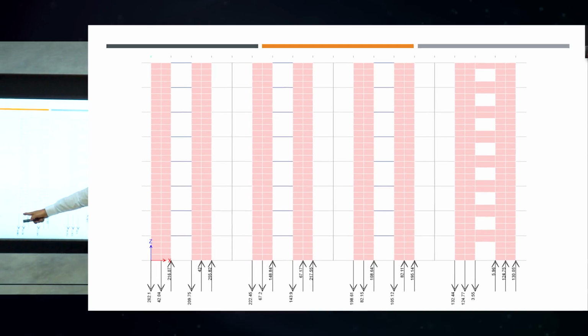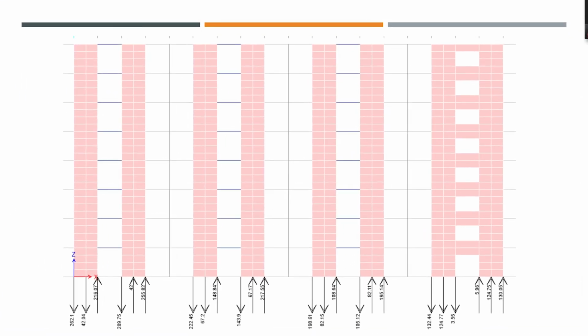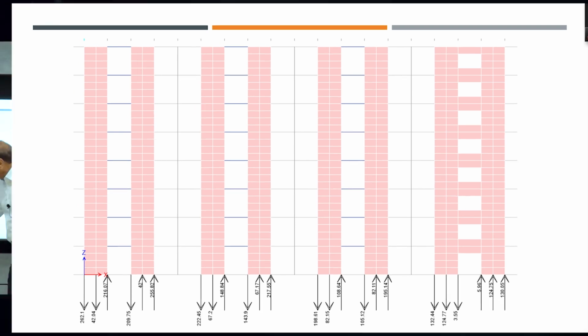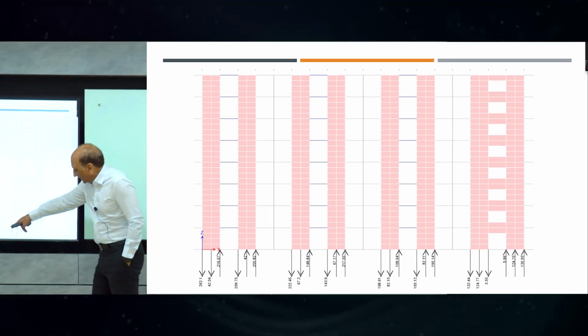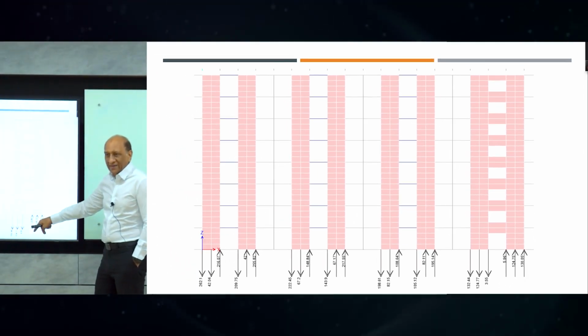And you can see here forces generated in the foundations here, completely changing. Please note this carefully if you can see. Here, compression, tension within each pier. This column, this corner is compression, this is tension. Here, this tension gradually reducing. Here, the entire leg is in compression, entire leg is in tension.